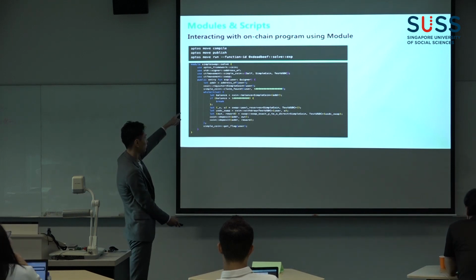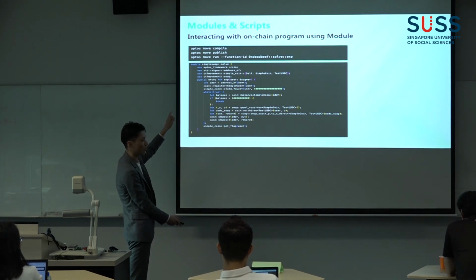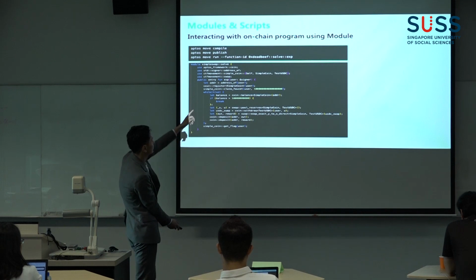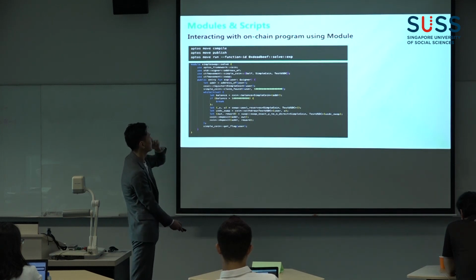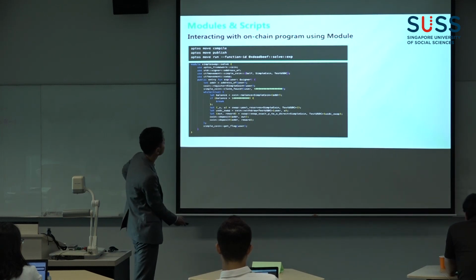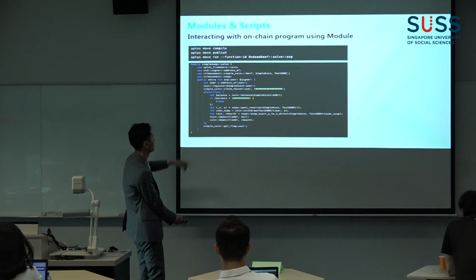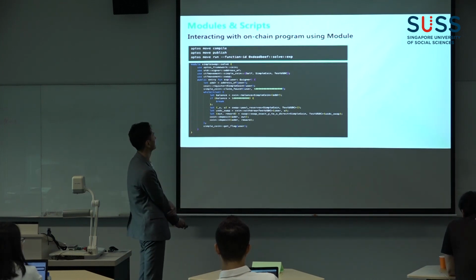We coded a module, we published it, and then we invoked a function in our published module. In this case, our address is 0xdeadbeef, and the module is soft, and we invoke the function exp on our soft module. So this module is published on-chain.